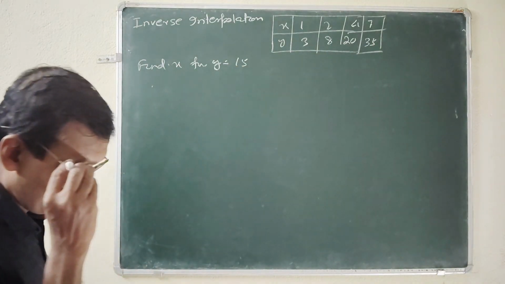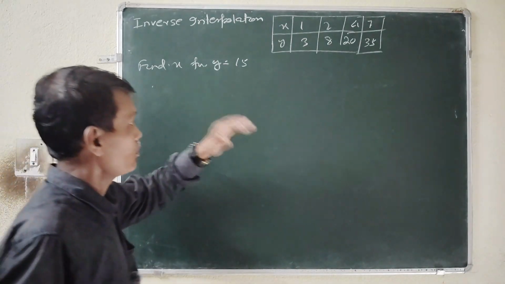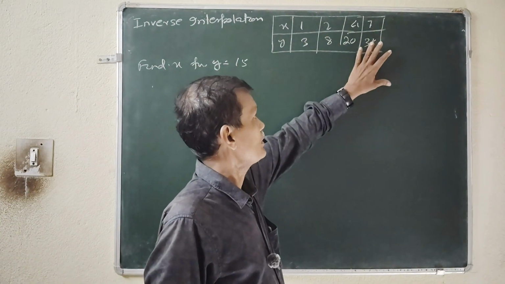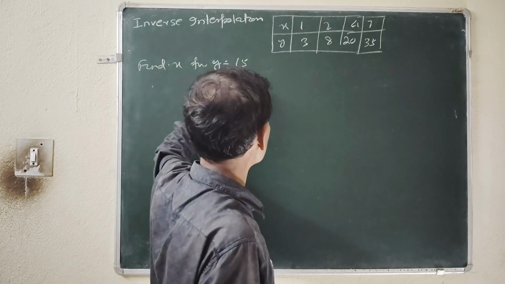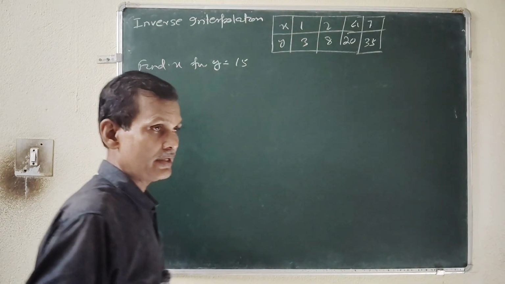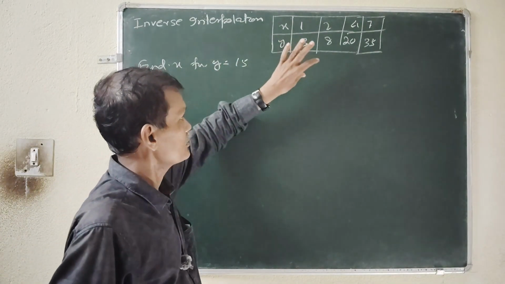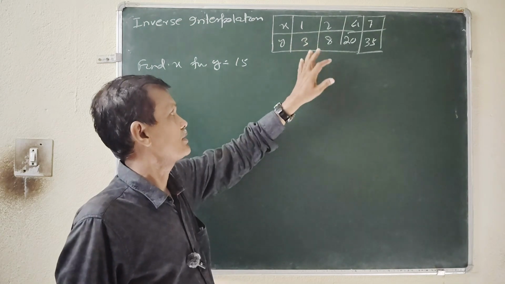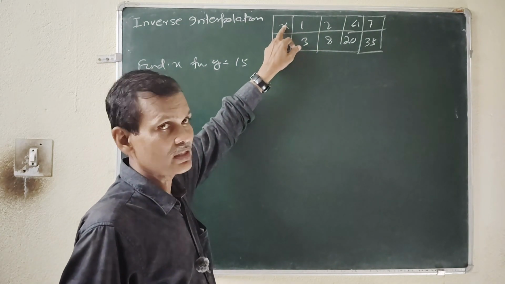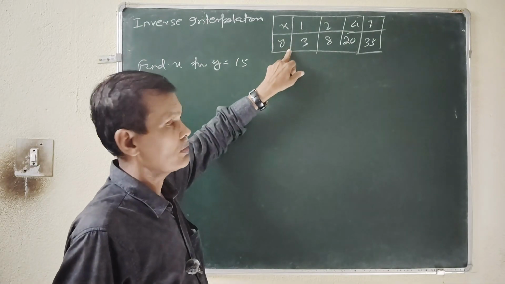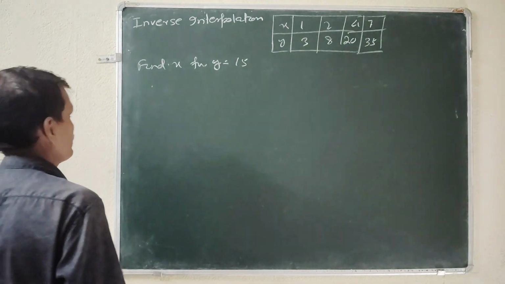That is why this problem is called inverse interpolation, because normally we are given a set of data, for a given x we find y, but here for a given y we calculate x. So you just reverse the order of data x and y. Normally we consider x as the independent data or the first column and y in the second column, but here we will consider in a reverse manner.